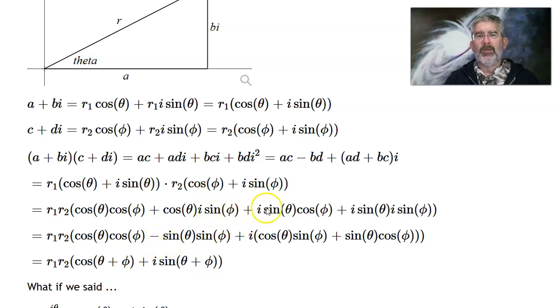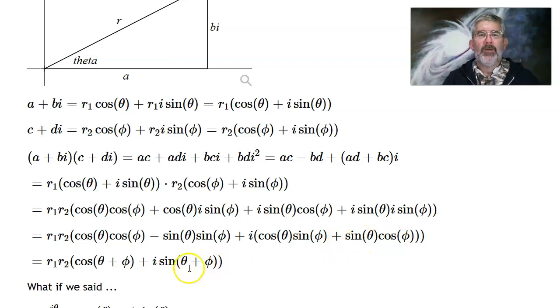And the imaginary part is the sum of these two here, so factor the I out, you get this. Now, how's your trig? Do you recognize any identities here? Cosine theta cosine phi minus sine theta sine phi? Yeah, that is the cosine of theta plus phi. And the stuff in parentheses here, cosine theta sine phi plus sine theta cosine phi, that's the sine of theta plus phi.